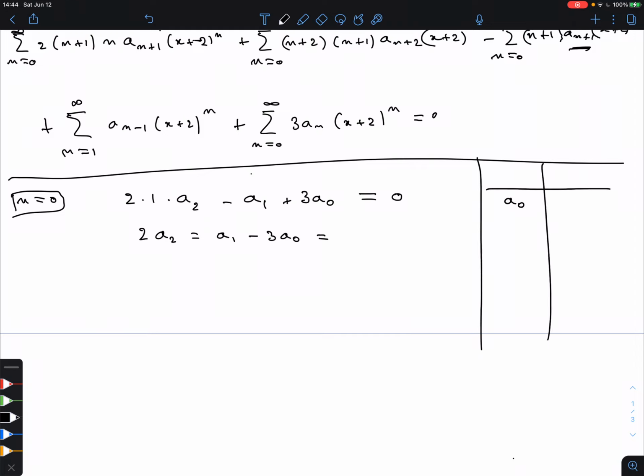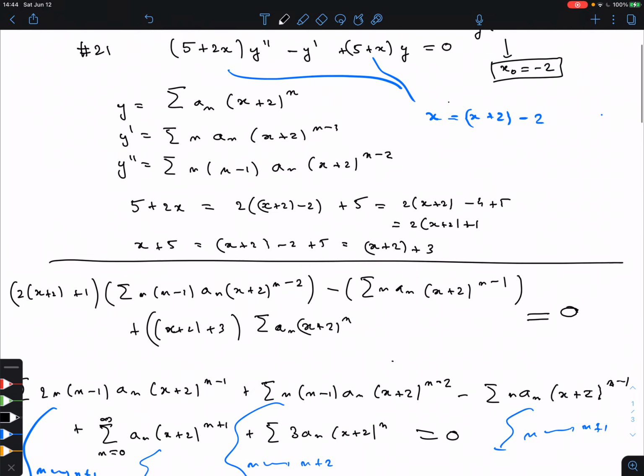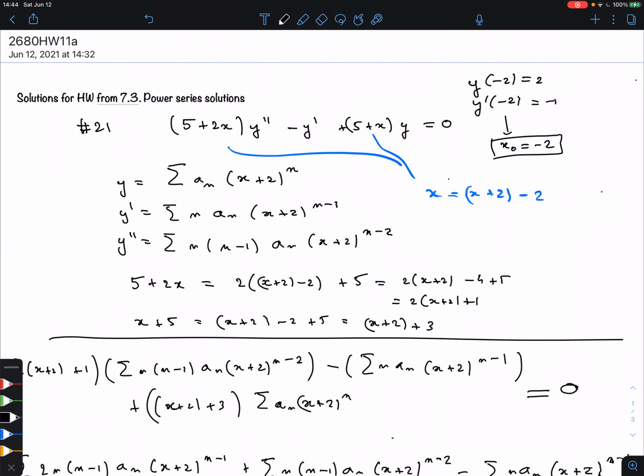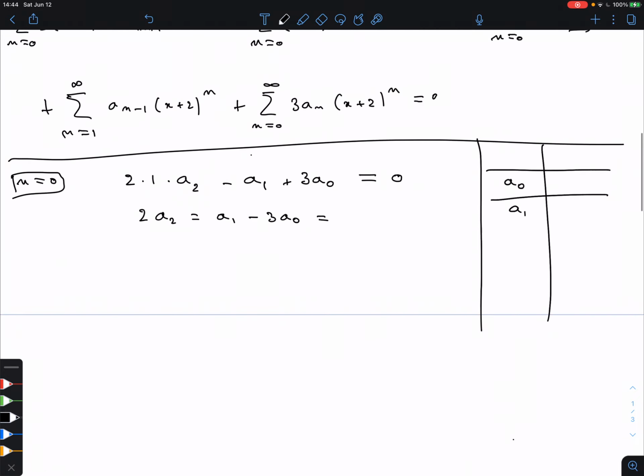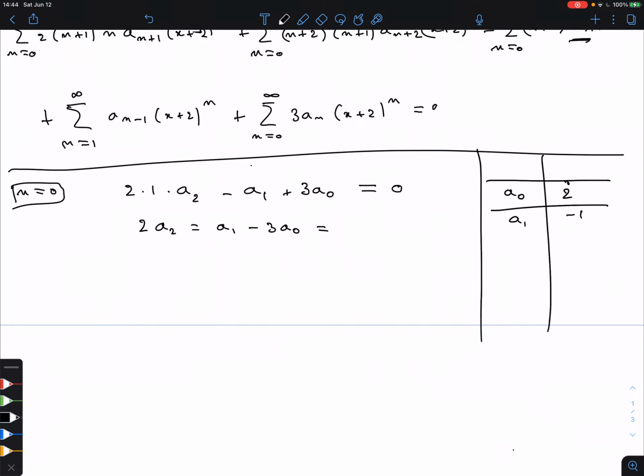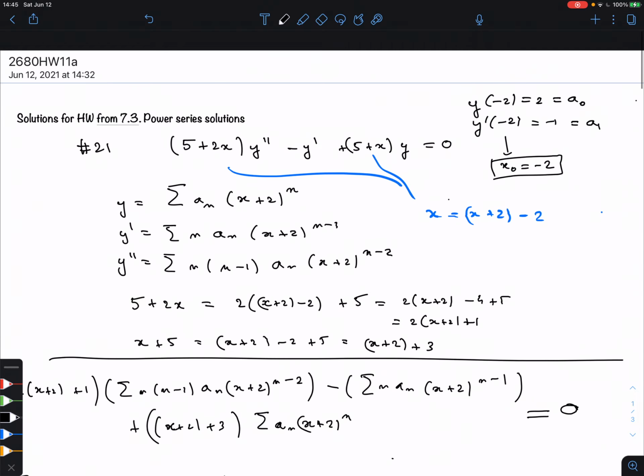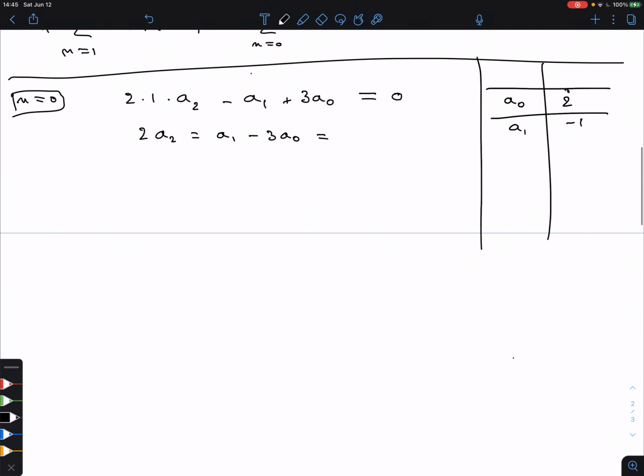So let's make a little table here that we keep track of what we have. So a0 and a1. A0, we had, a0 was 2, right? This is a0, and this is a1. I hope that I don't have to repeat this all the time. So this is 2 and this is negative 1, right? 2 and negative 1, okay. So that is minus 1 minus 3 times 2.